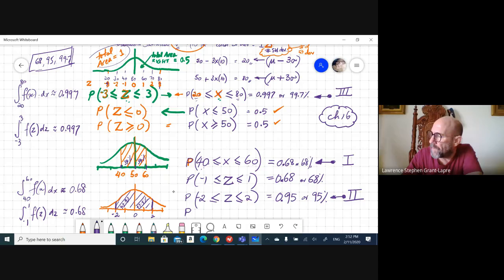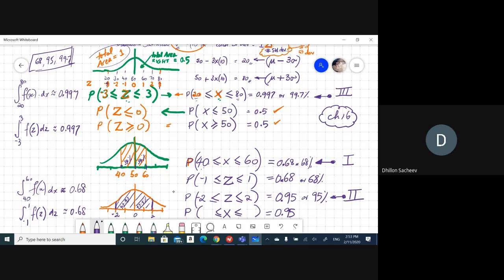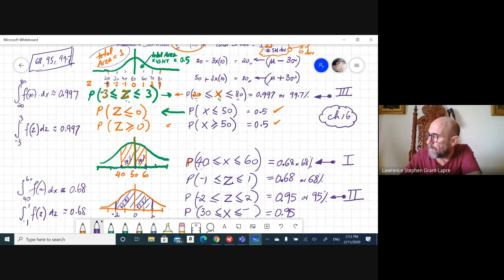Okay, what will this probability be if I talk in terms of x? If I put an x here, what numbers would I use to be 95%? 30 and 70. Okay, these questions so far have been symmetrical. I've used one below and one above.